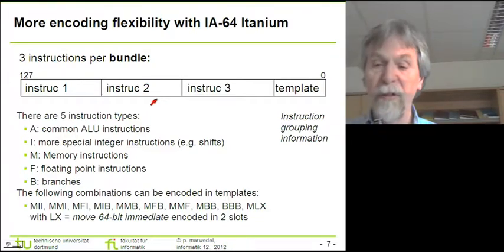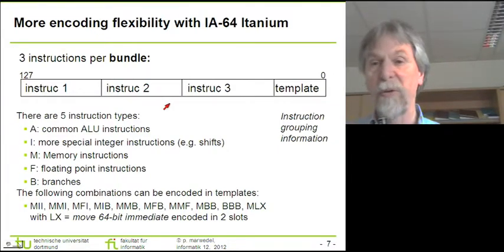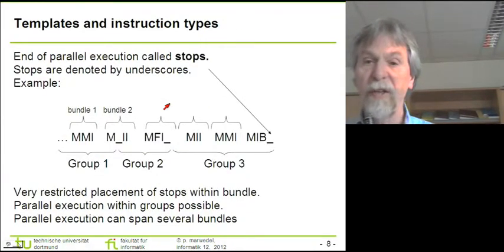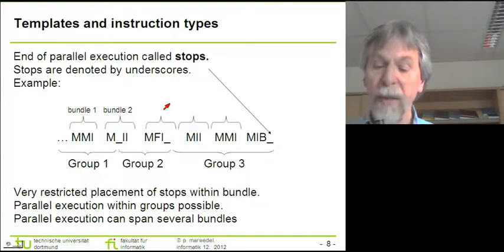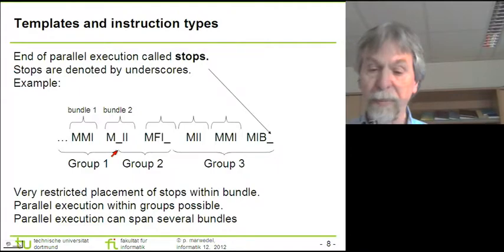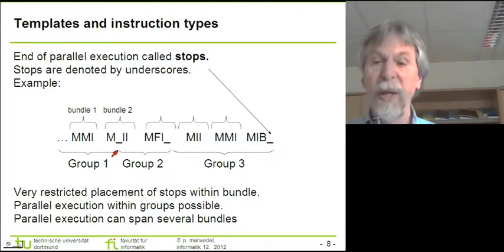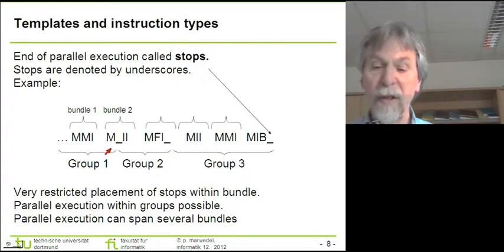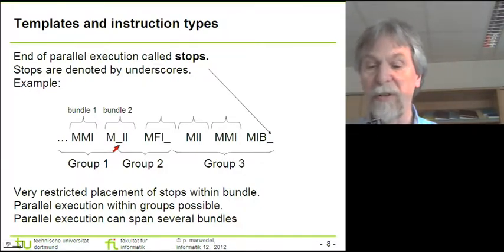So for these bundles, we are giving up on the restriction that one such bundle would encode the operations that can be performed in parallel. Rather, we are indicating what can be performed in parallel by defining so-called instruction groups. Now, instruction groups potentially span several bundles, and they extend up to a position there in our source code string where we have included an underscore.